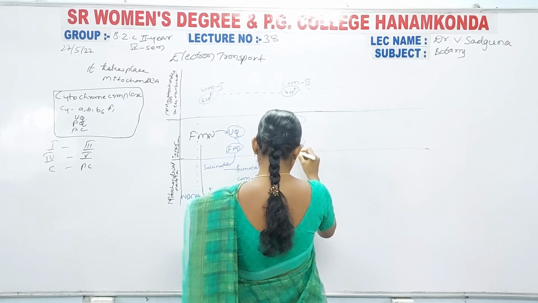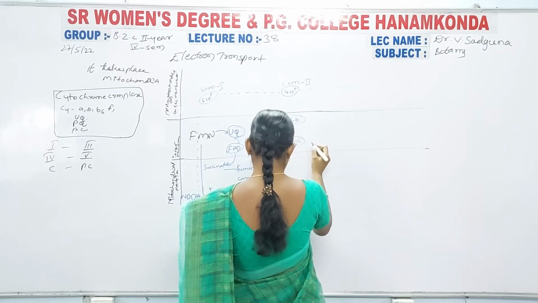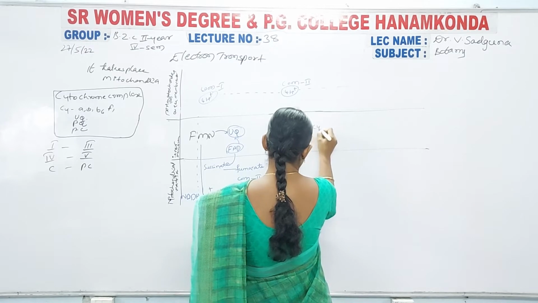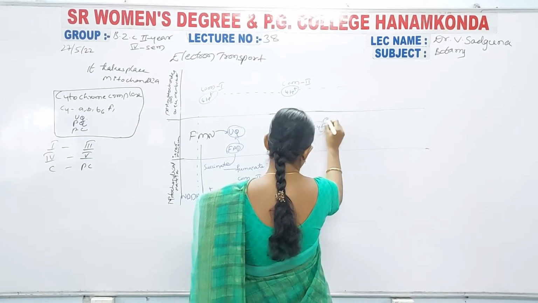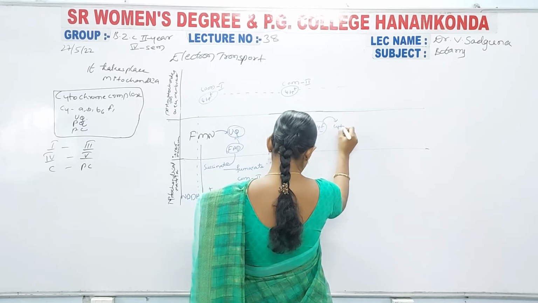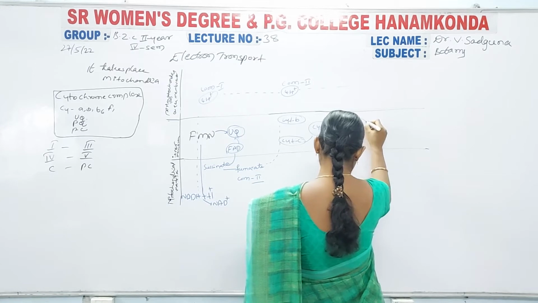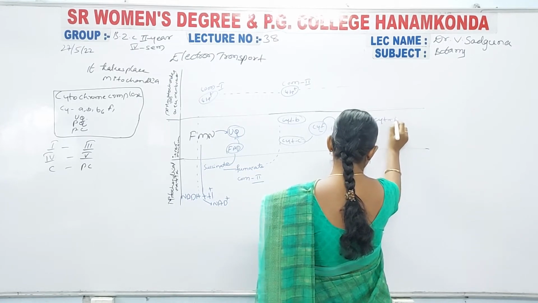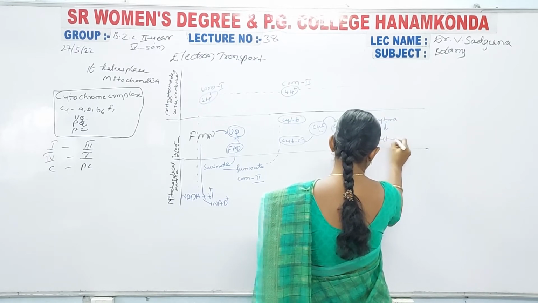Then it gives to the fumarate enzyme. Then cytochrome C gives to another cytochrome C molecule. Then it goes to the cytochrome, then cytochrome A.